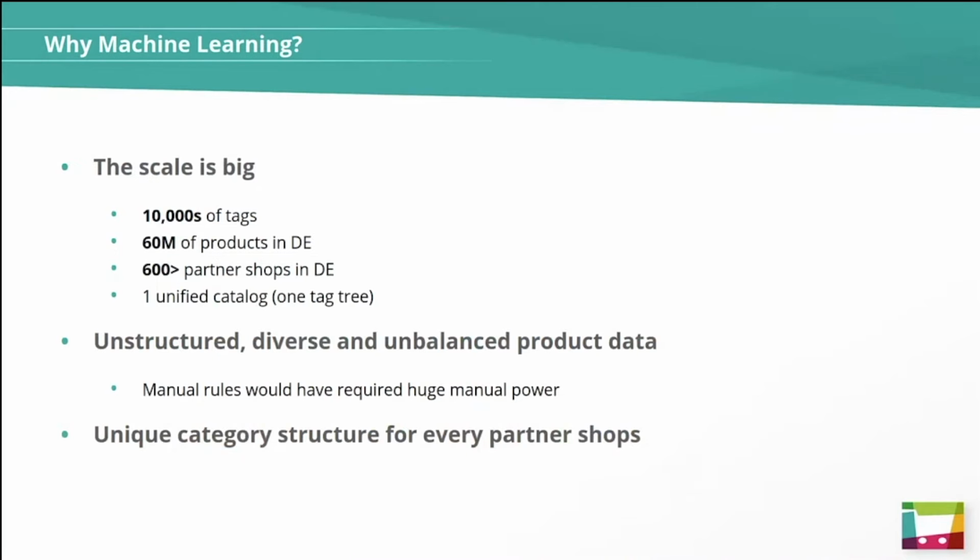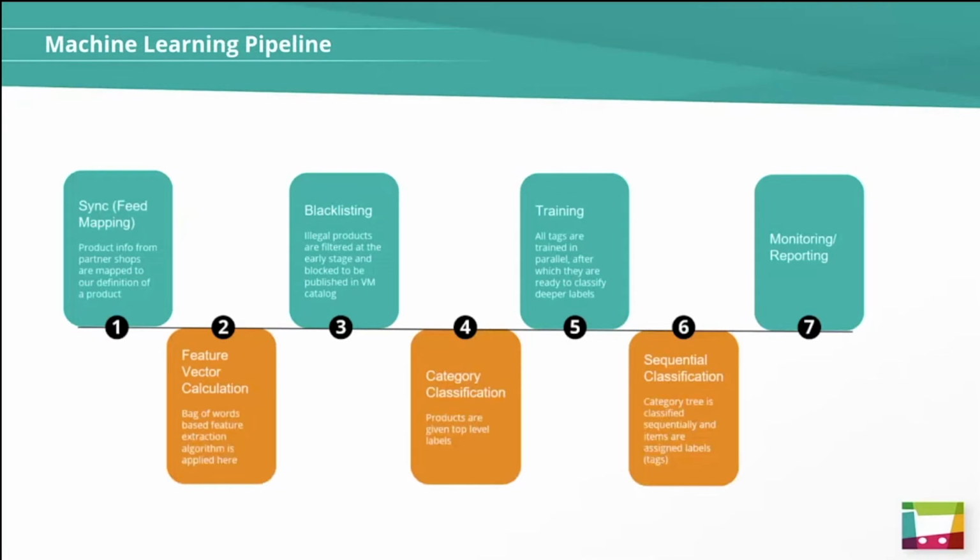In the next slides, I'm going to walk you through the machine learning pipeline we use here at Visual Meta, which has different steps. I am going to focus only on 4 steps out of this, which are the machine learning based steps. So feature vector calculation, training, category classification, and sequential classification, which are the typical machine learning steps.